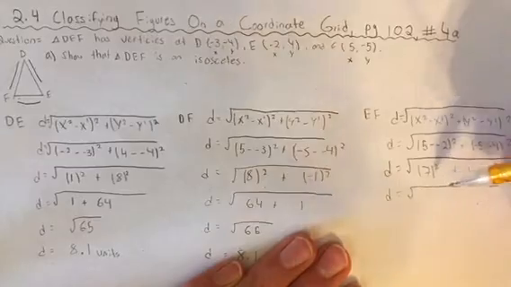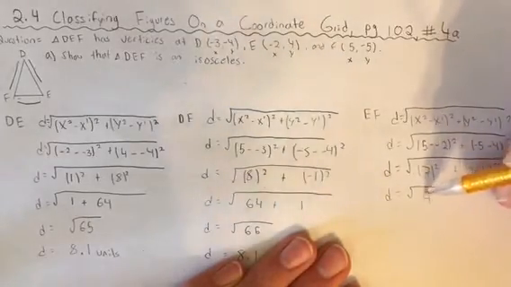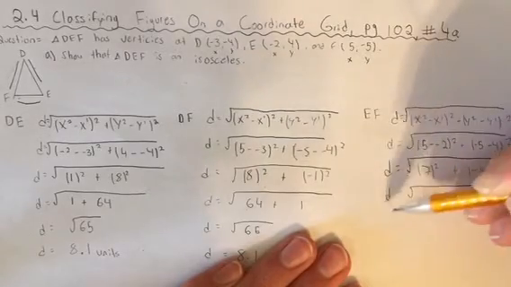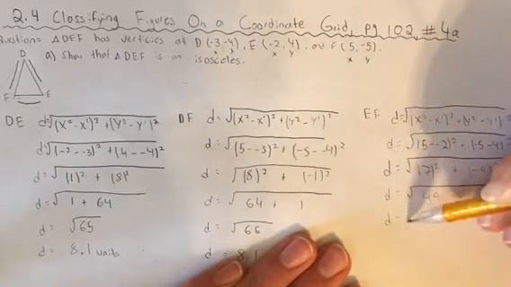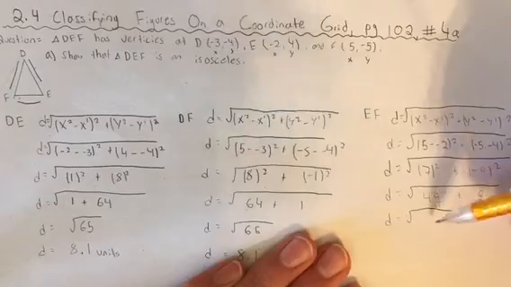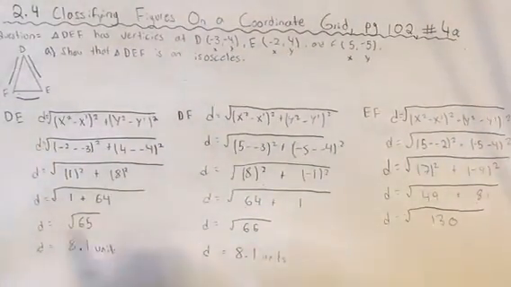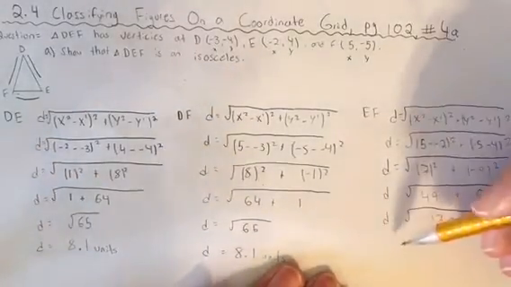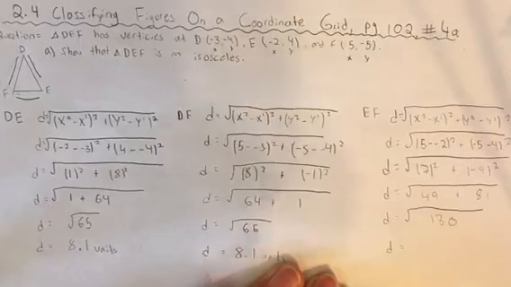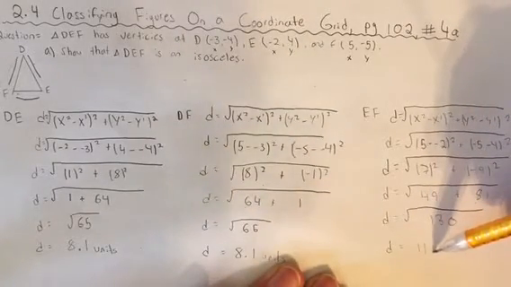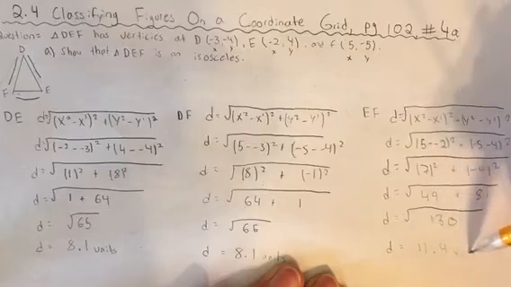Then 7 to the power of 2 is 49, and negative 9 to the power of 2 is 81. When we add them together, that ends up being 130. We can already tell that this is different than sides DE and DF, so it's looking like this is an isosceles triangle. This ends up being 11.4 units.